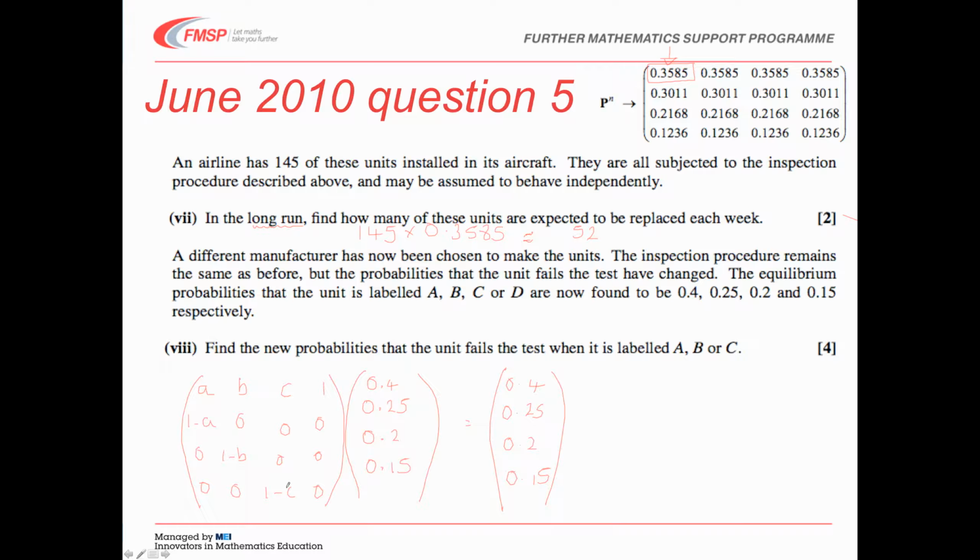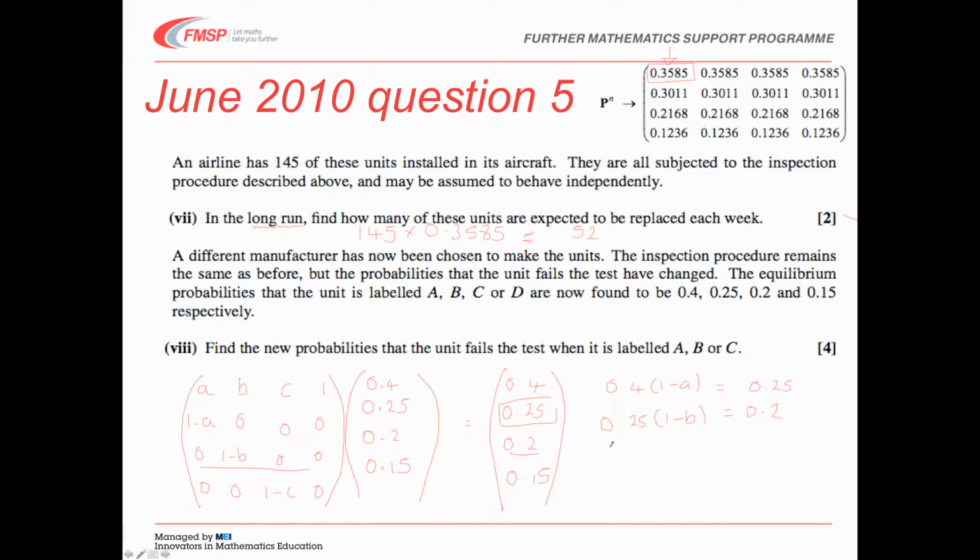Once we've seen that, it's fairly easy to see that we can get simultaneous equations. I'm going to ignore the first line because that's got a, b and c, but I'm going to look at the second one that will give us this element. That's 0.4 times 1 minus a, and that gives me 0.25. If I do the next line down, that would give me the 0.2: 0.25 times 1 minus b is 0.2.